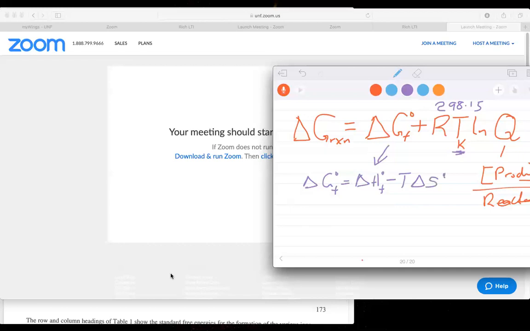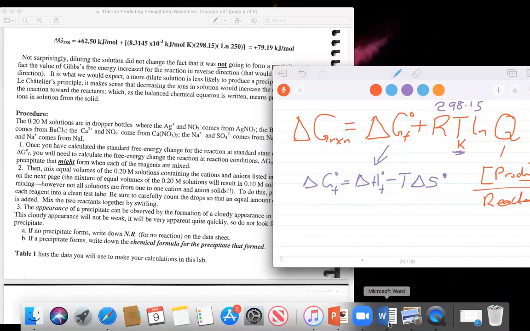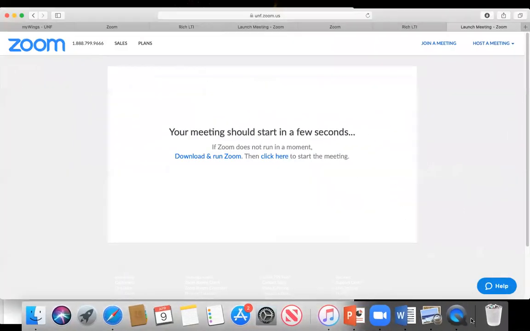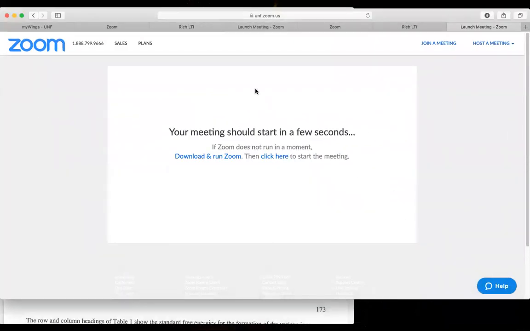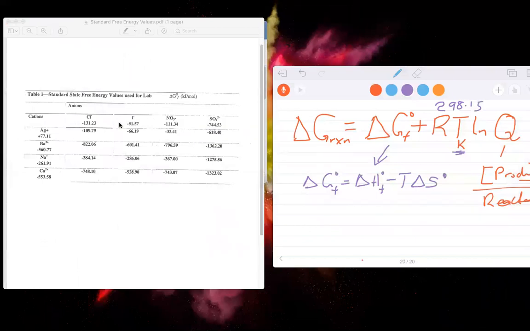These are thermodynamic terms, and we will use the values given in the lab manual. These are the values we'll be using to find delta G naught.